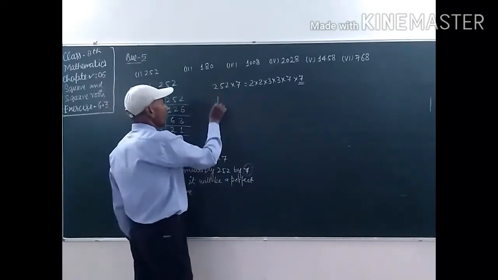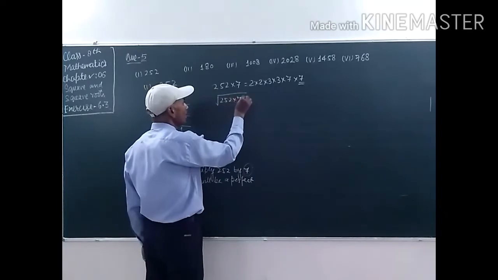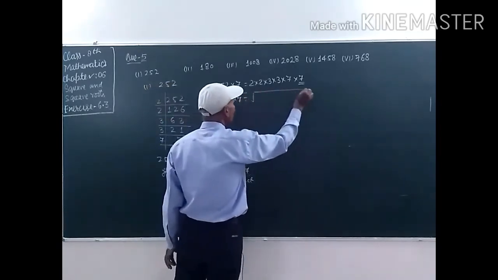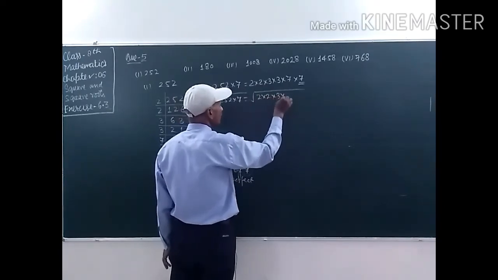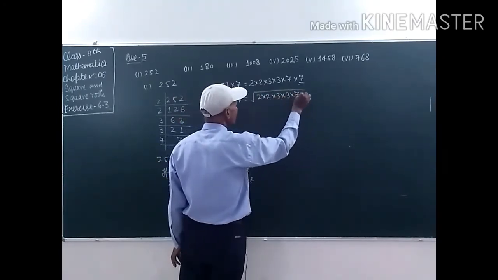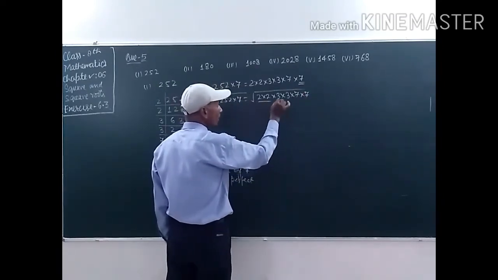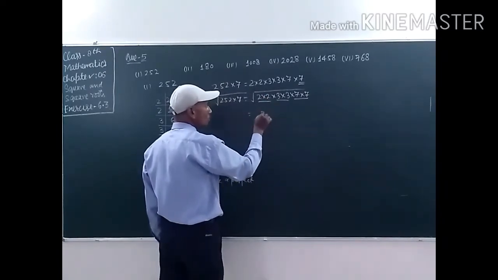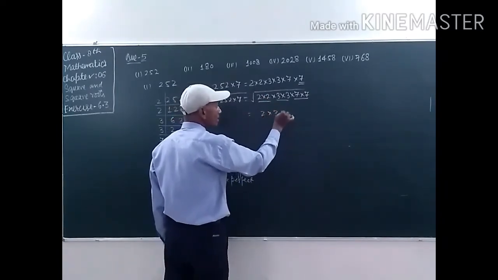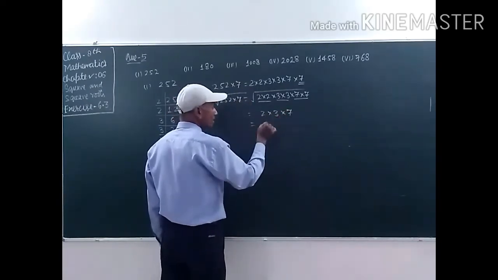So the square root of 252 into 7 is equal to the square root of 2 into 2 into 3 into 3 into 7 into 7. Now to find the square root, we have to make the pairs, and from each pair we have to choose one number, student, this. So the square root of this number is equal to 2 3s are 6, 7 6s are 42.